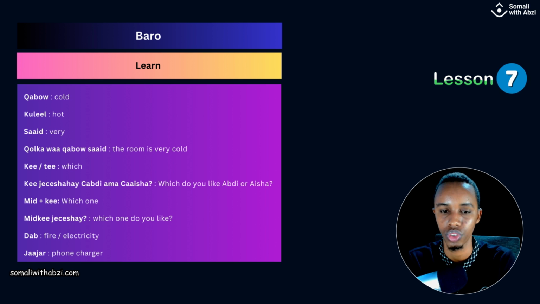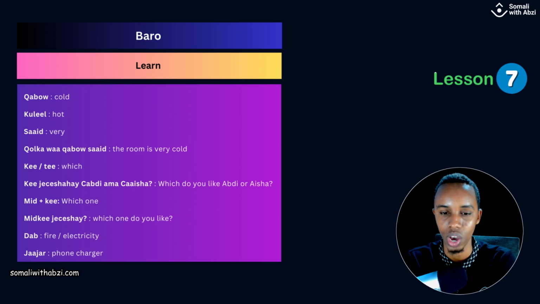The room is very cold. Qolka waa qabow sa'id ah. Some people would go with that, it's fine. For example, we say subax wanaagsan. This we use in Somali so many times and in different ways. So for adjectives, you add it at the end usually, but you can skip.